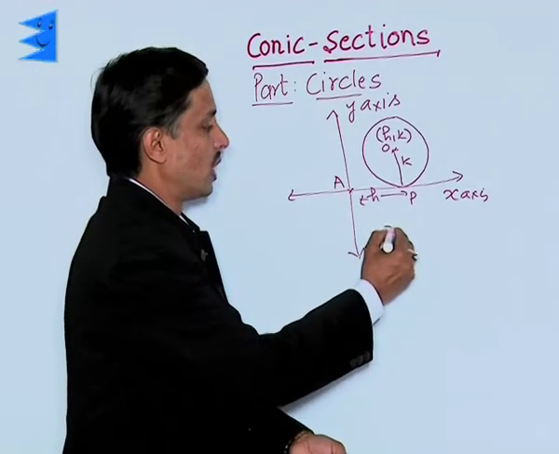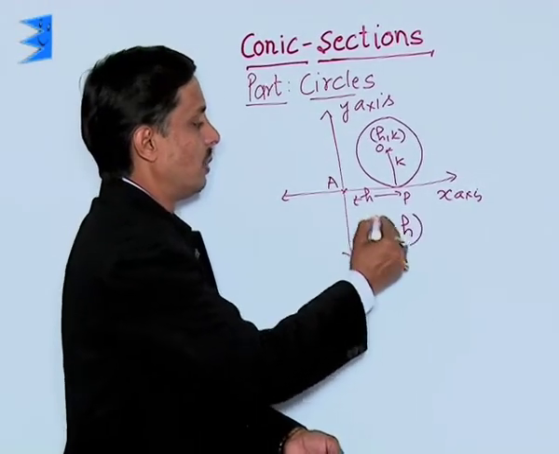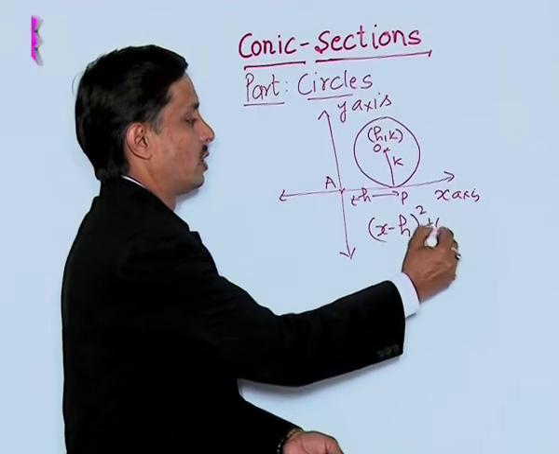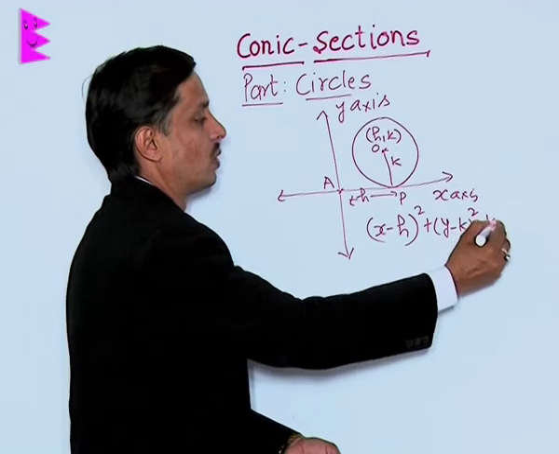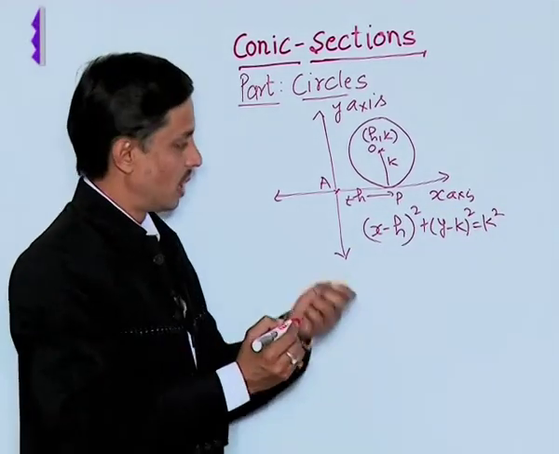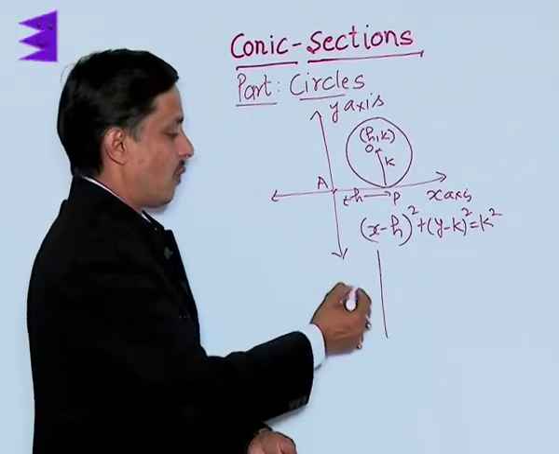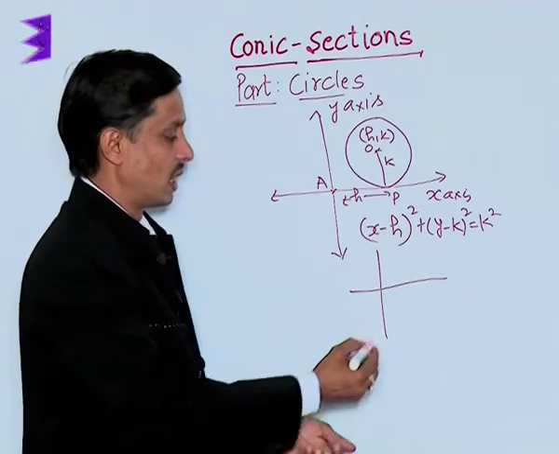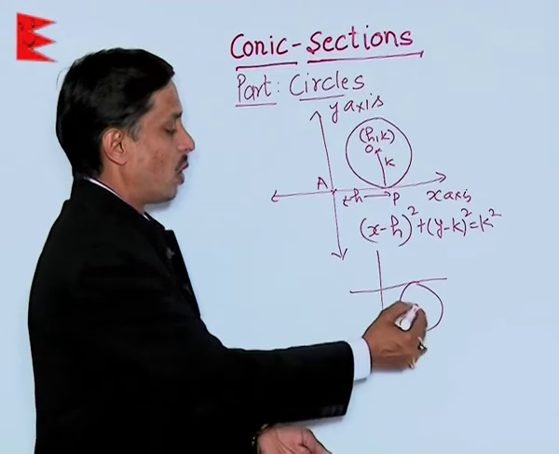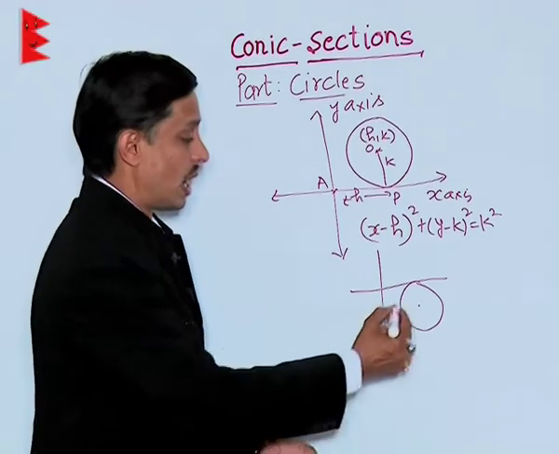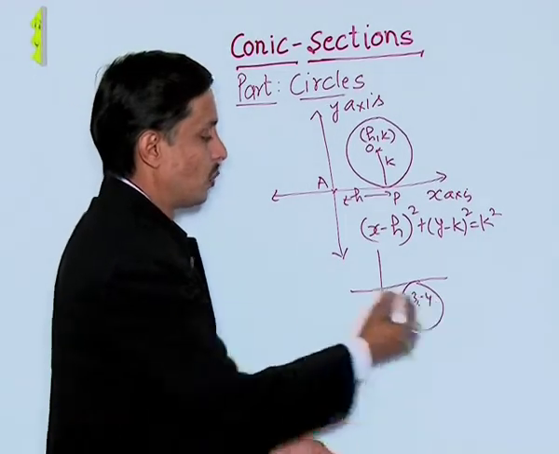So the equation in this situation will be (x minus h) square plus (y minus k) square is equal to k square.